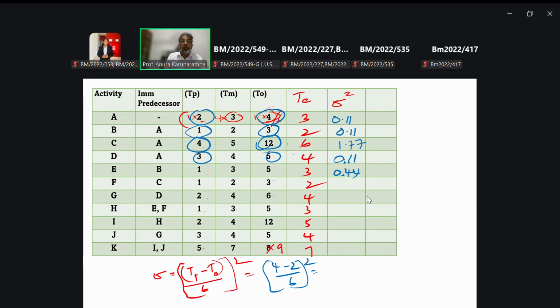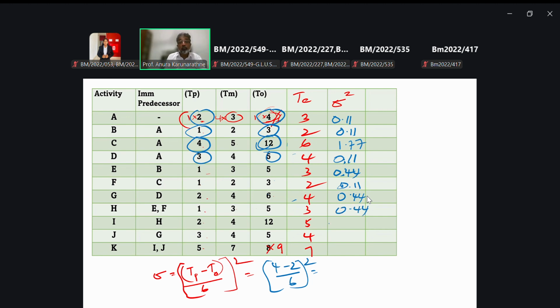Next one is 3 minus 2, 1, that is 2, 2 over 6, that is 0.11. 6 minus 2, that is 4, 4 over 6 squared, that is 0.44. 5 minus 1, that is 4, 4 over 6 squared, again same answer.